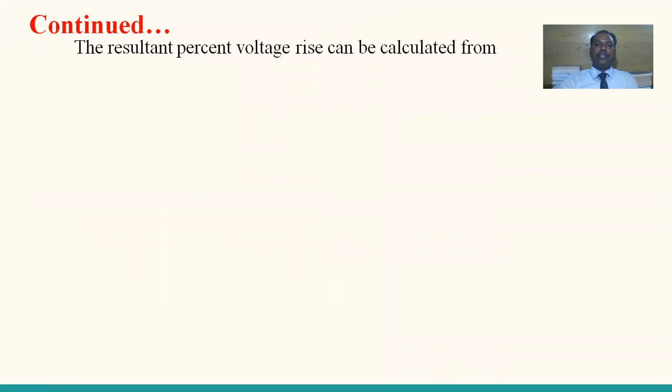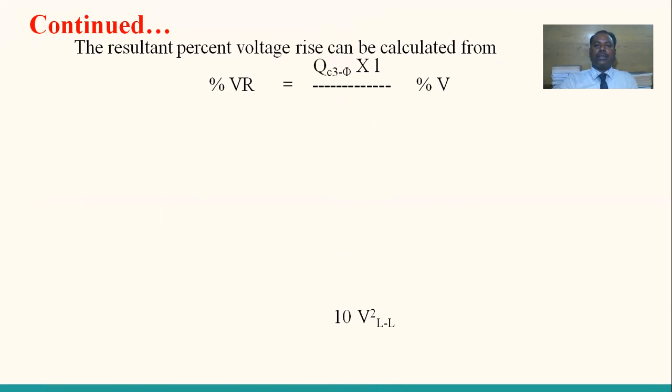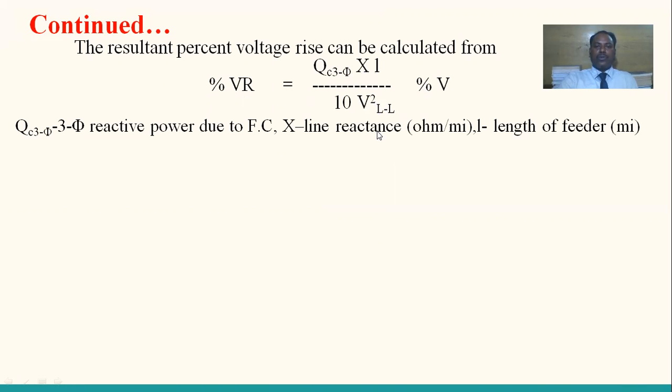The resultant percentage voltage rise can be calculated from voltage drop. Percentage voltage rise is equal to QC 3-phase into X into L divided by 10 V squared line to line, in percentage volts.